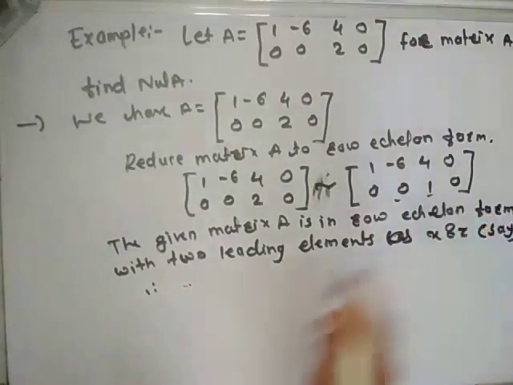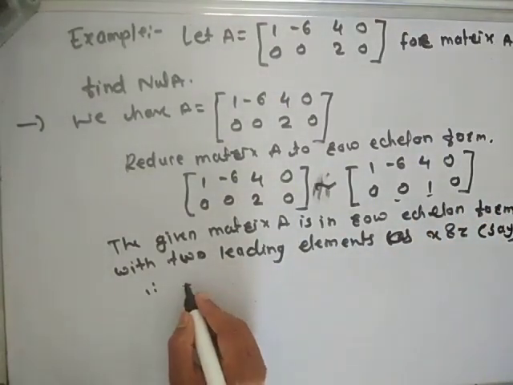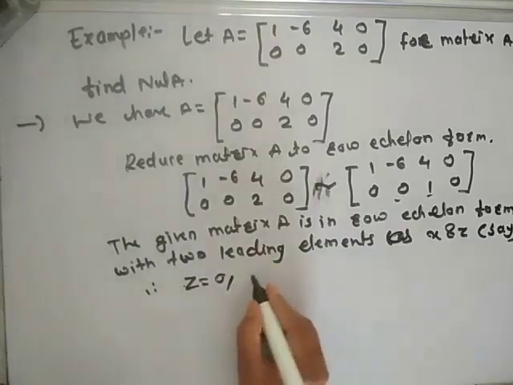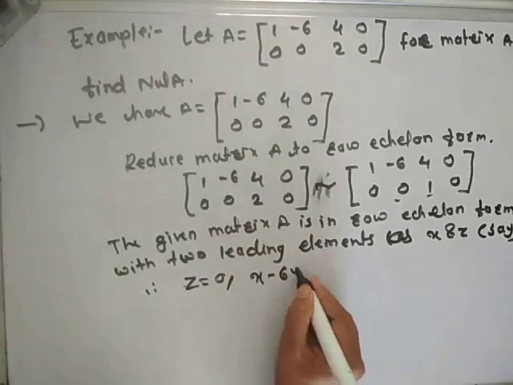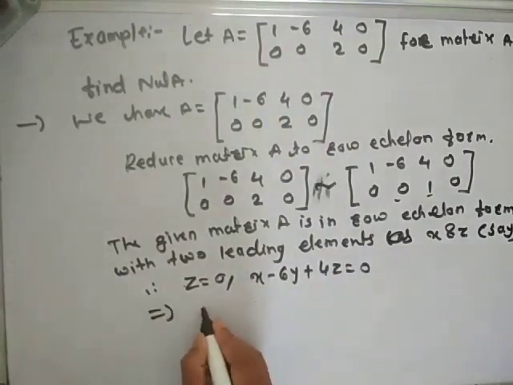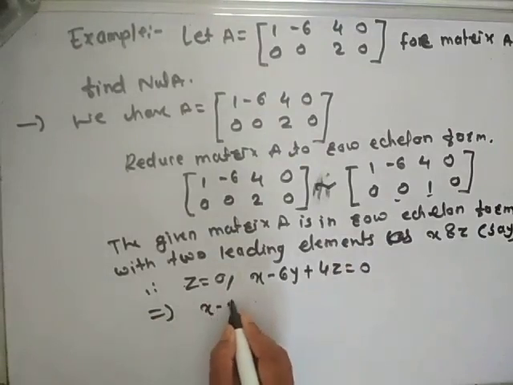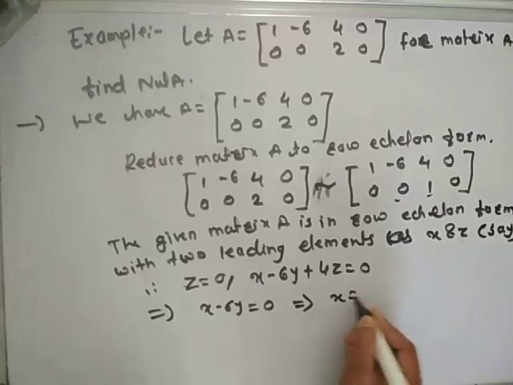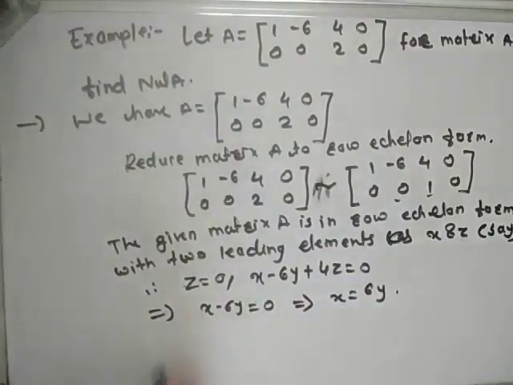Therefore, from the last row we get z equals 0, and from the first equation x minus 6y plus 4z equals 0. That implies x minus 6y equals 0, which implies x equals 6y.